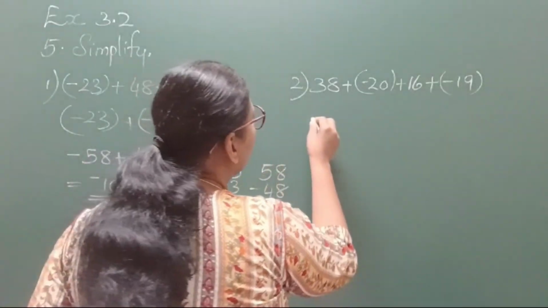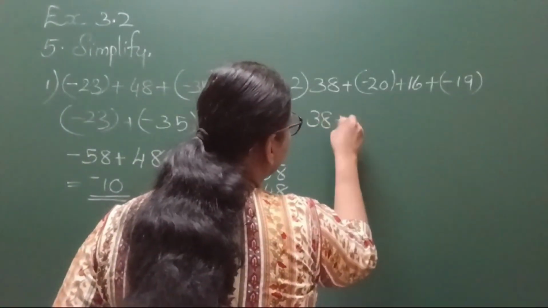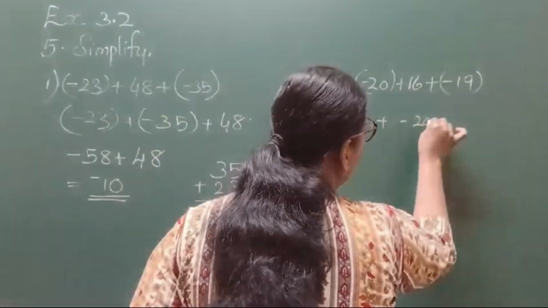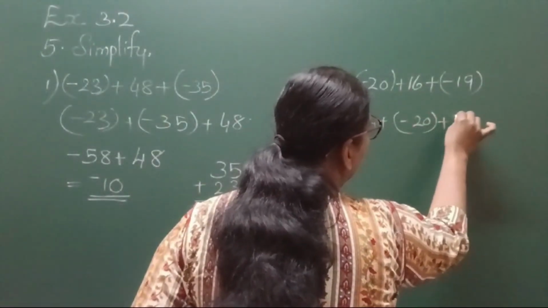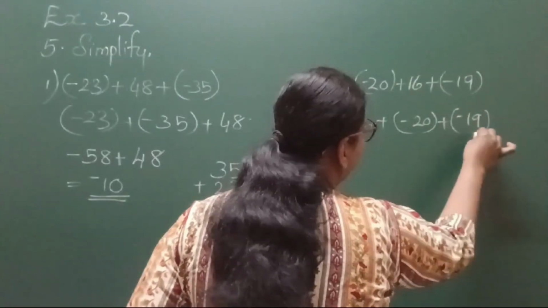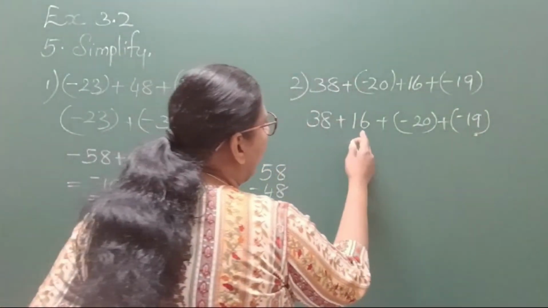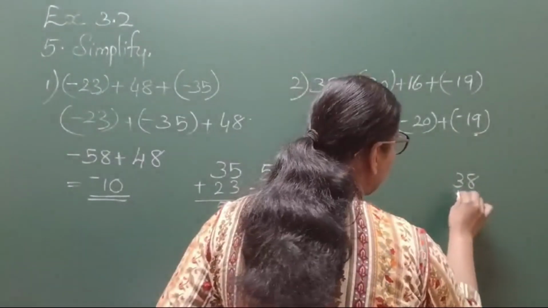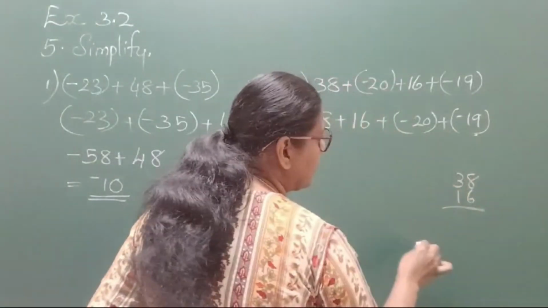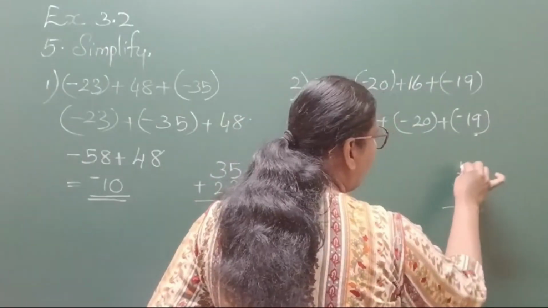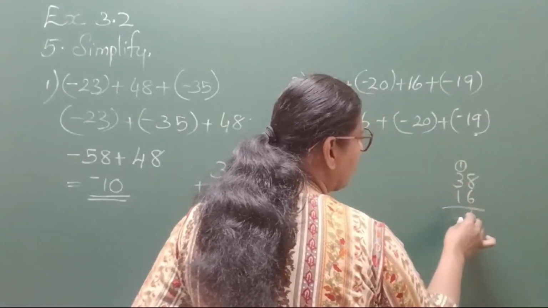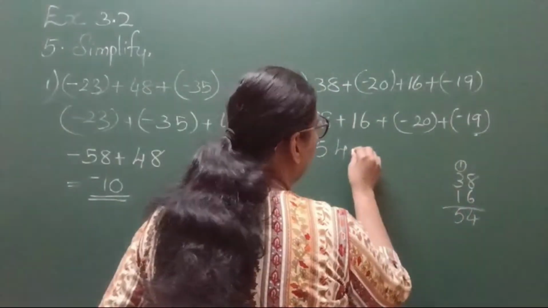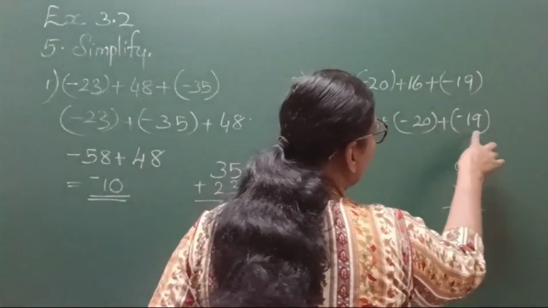Okay, let's do 38 plus 16 plus minus 20 plus minus 19. Now we'll add these two.